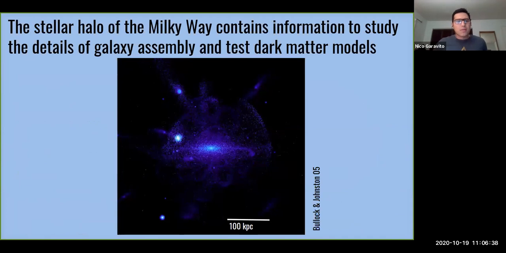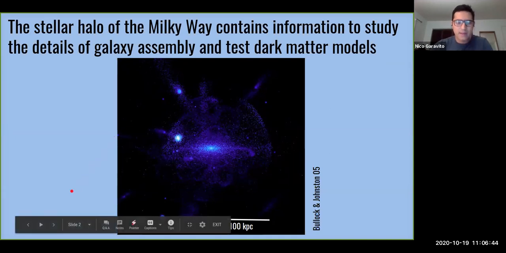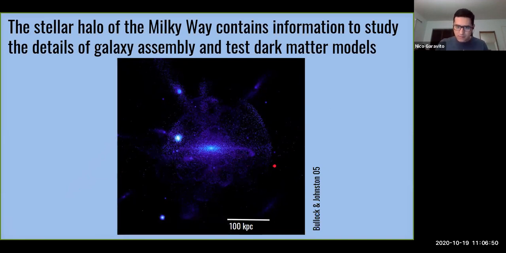So roughly, I'm going to talk about near field cosmology in the Milky Way. The idea is that we have the stellar halo of the Milky Way, which is this extended structure, which is really faint, but has a lot of important information about how the galaxy has been assembled over time. You can see a lot of substructure here, which are remnants of this process of accretion in the galaxy.